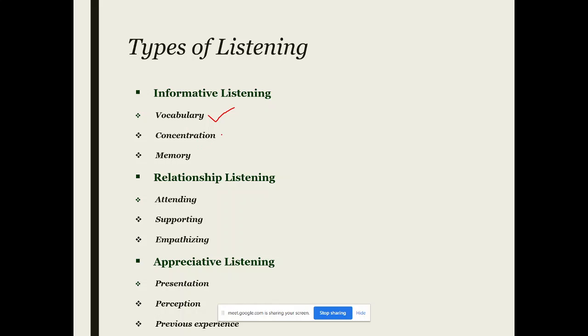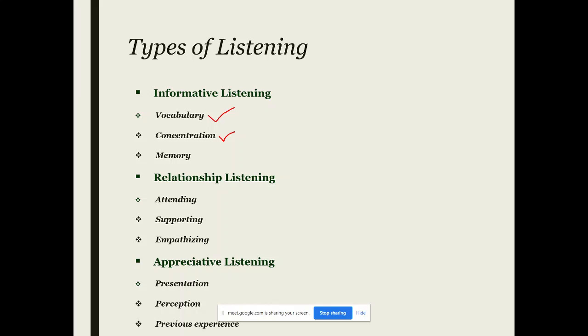The second skill that we must have when we practice informative listening is concentration. Because when somebody tells you information, he may be telling you a lot of things, and there must be some logical reasoning behind that information. There would be logical relationships among all the pieces of information that he or she is sharing.